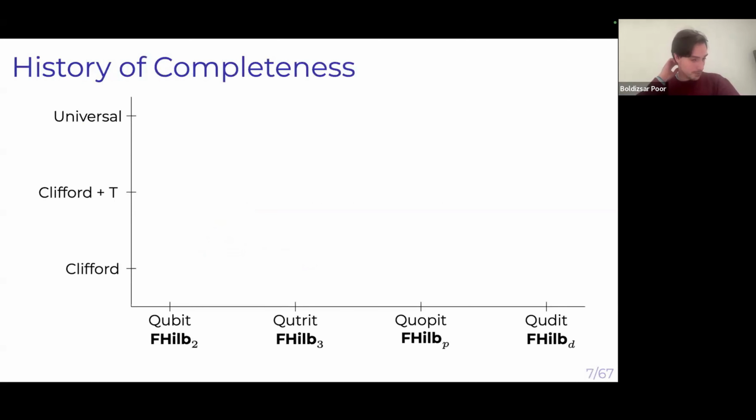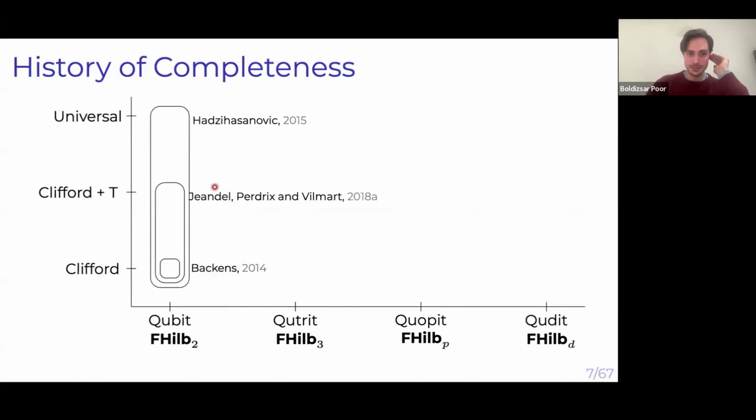So just a quick recap of the history of these completeness results. First of all, we had Miriam proving back in 2004 that the Clifford fragment of the qubit ZX calculus is complete. And then later, building on the universal ZW completeness result of Omar, it was proven that the Clifford plus T fragment of the ZX calculus is also complete.